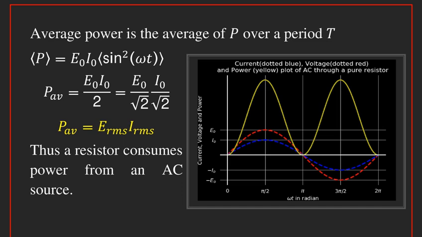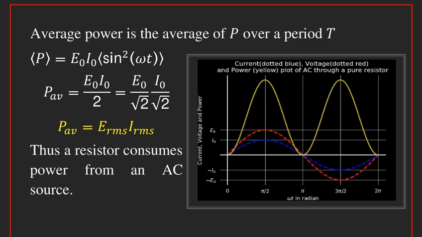Thus, a resistor consumes power from an AC source, and we can see that from the diagram of current, voltage and power. For the first half cycle both voltage and current passing through the resistor are positive, and in the next half cycle both voltage and current are negative. They are in phase, but their product E into I is always positive in both half cycles.